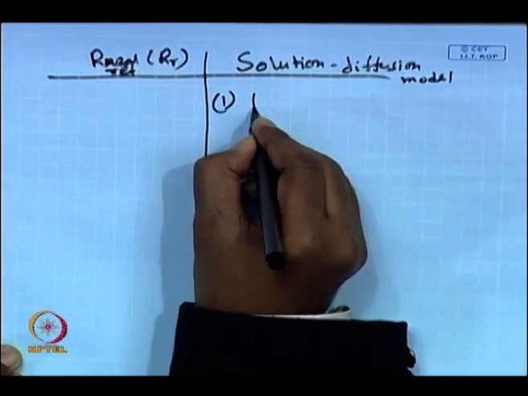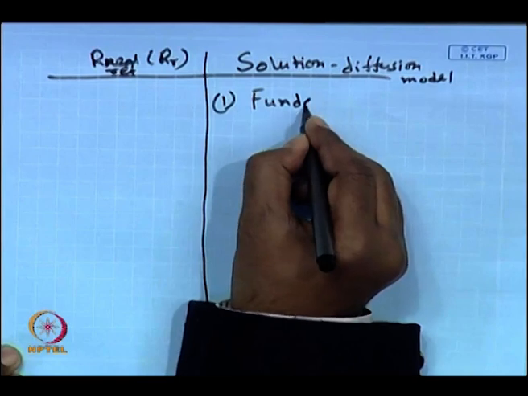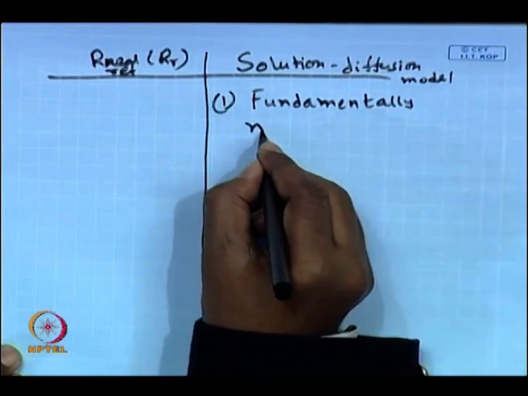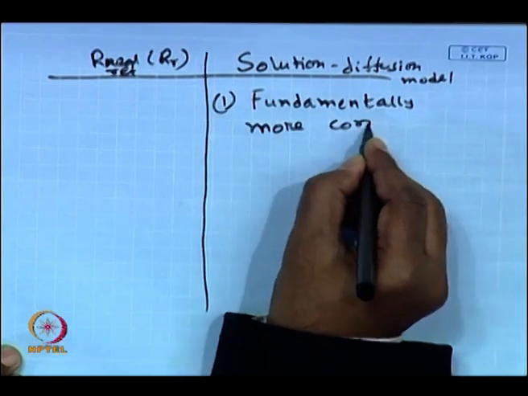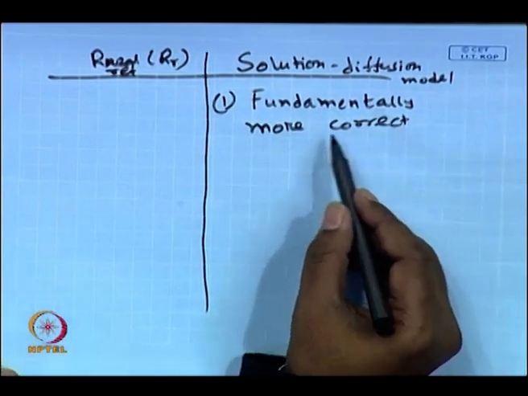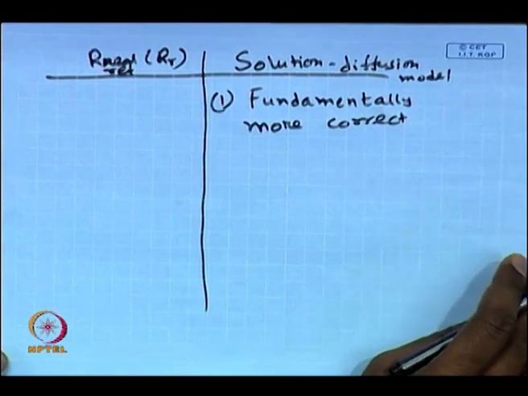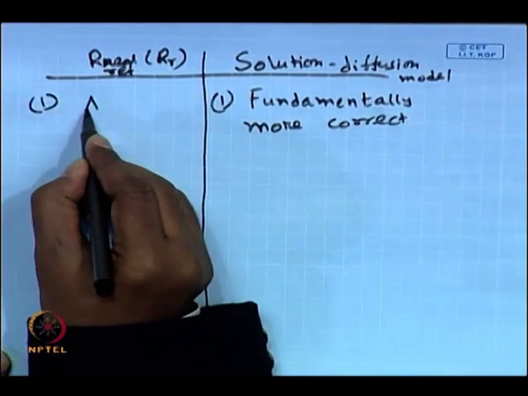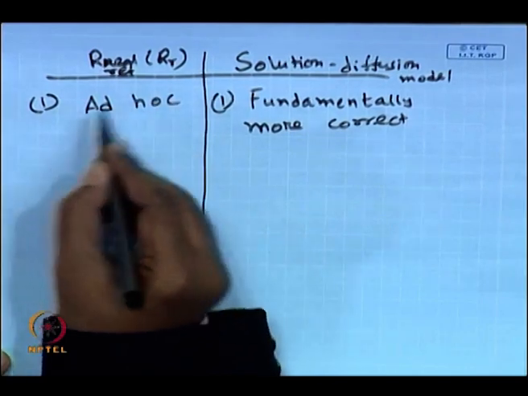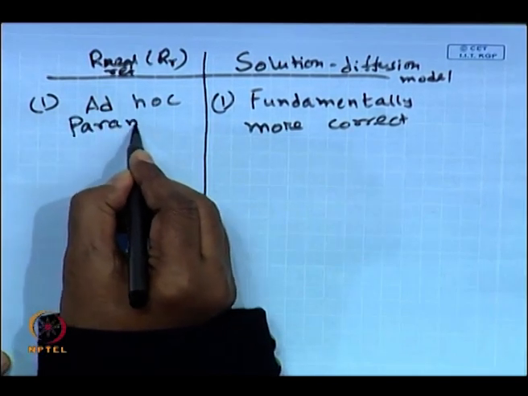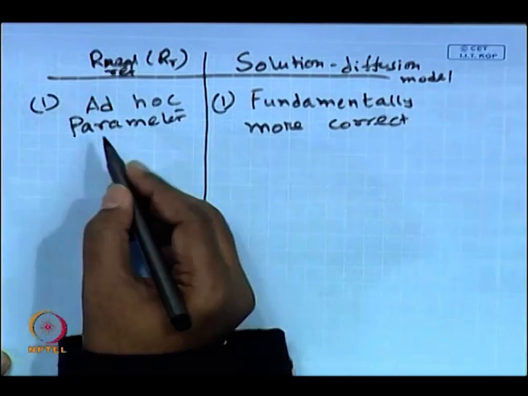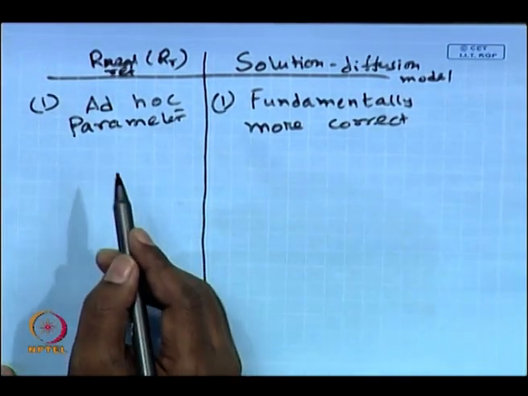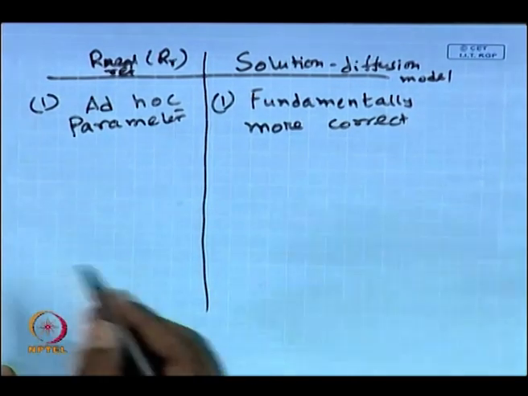This is fundamentally more correct, because it is derived from the thermodynamics that we have derived earlier. On the other hand, this is an ad hoc parameter. It is like a partition coefficient, which is assumed to be constant for a particular membrane solute system.